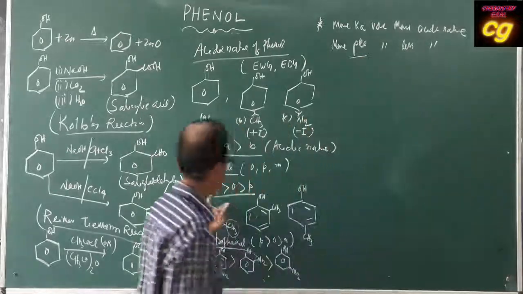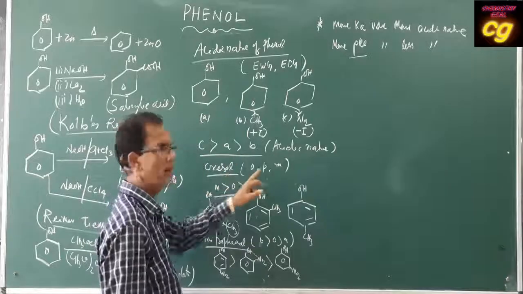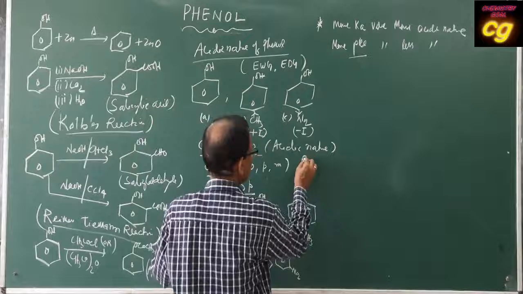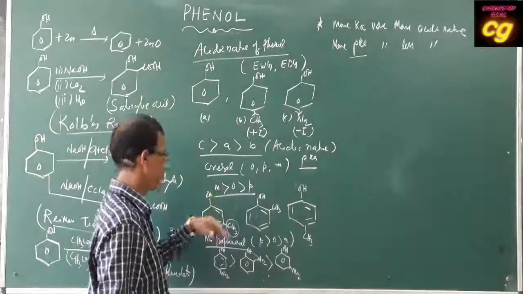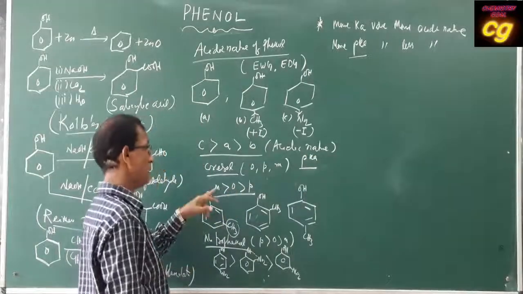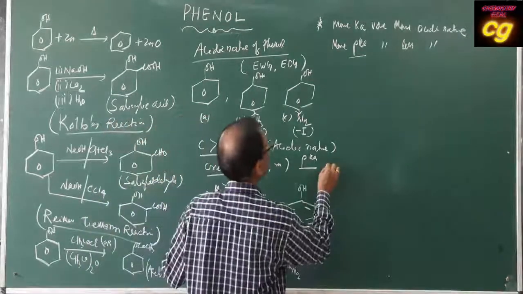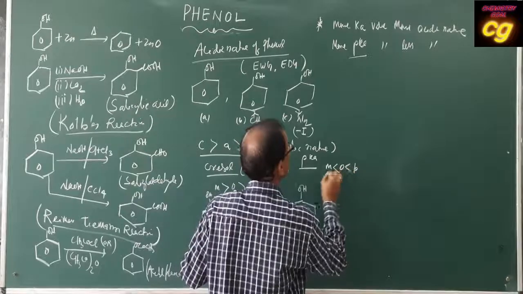That means if you compare the pK value of ortho, para, meta, and meta is more acidic, then the pK value of meta will be less than ortho, than para.